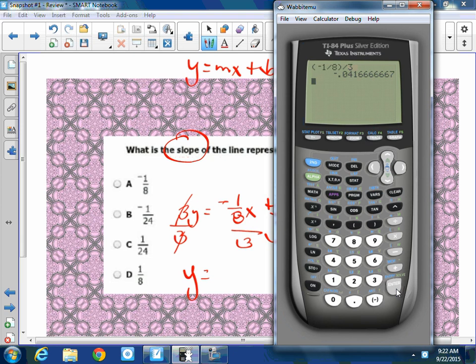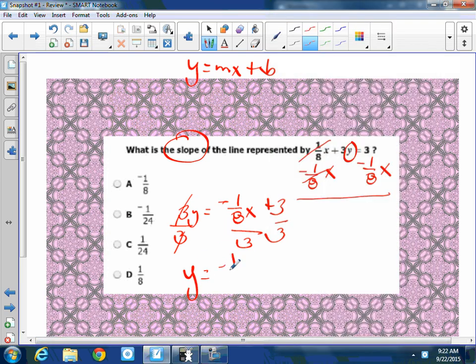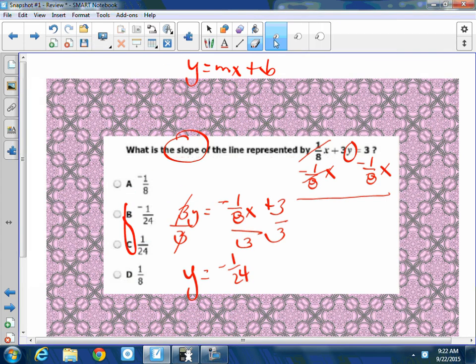Divided by 3 would be negative 0 point, but I don't want it like that. I want it as a fraction because none of my choices are decimals. And the correct answer would be negative 1/24. Oops, this is acting up a little bit. I'm sorry, guys. Having a hard time. It would be letter B.